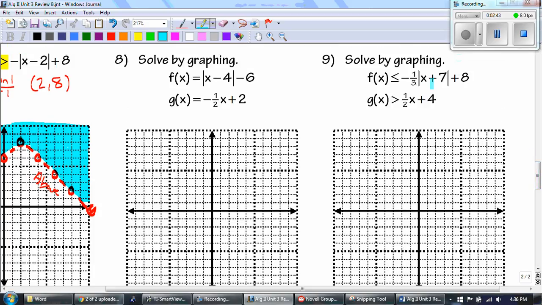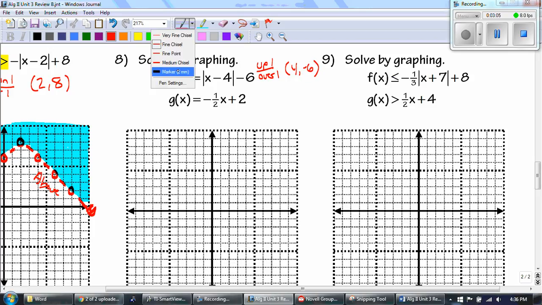All right, number 8. First thing I notice, no inequality symbols, so all we have to do is graph. Okay, so our first guy over here, there's no number out front, so that means up 1, over 1, and then my vertex is 4, negative 6.